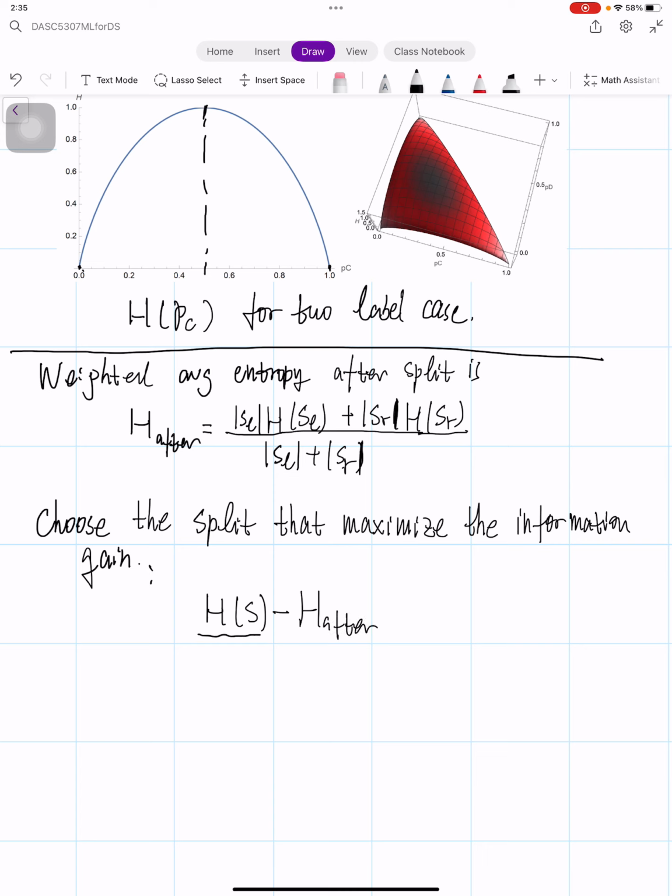So this is the information of the node in your parent node, and this is the weighted average of the entropy in the two splits. Okay, and we want to pick the split that maximizes this information gain.